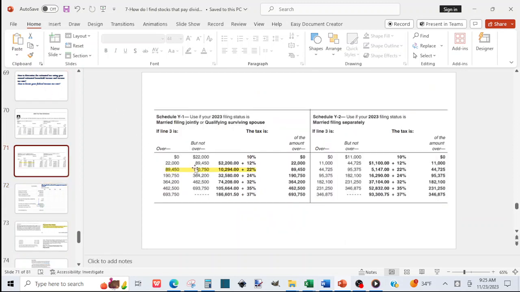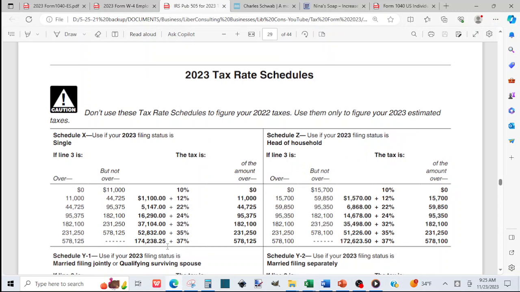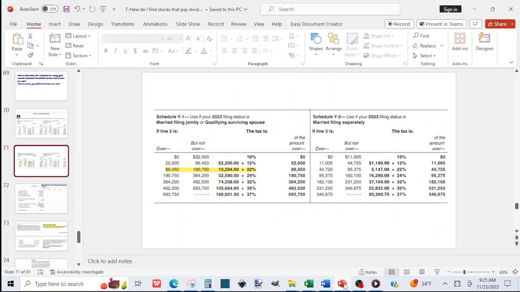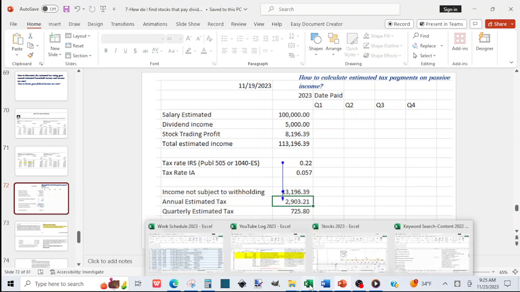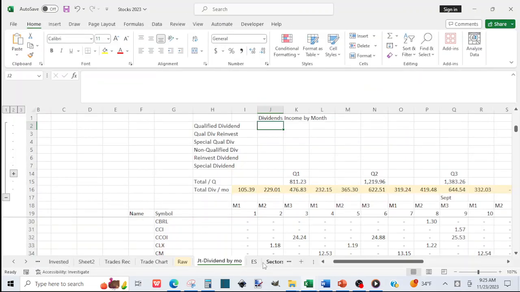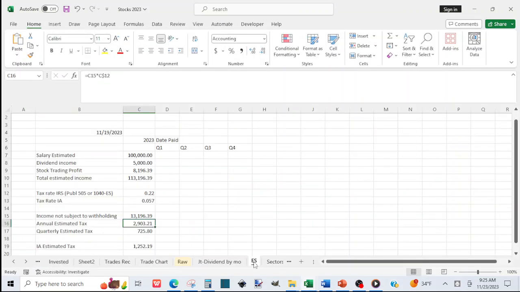Okay, so now that we know what the rates are, you want to know which rate is your federal income tax rate. The way you are going to figure it out is by estimating your household income. You can insert that on your investment spreadsheet.